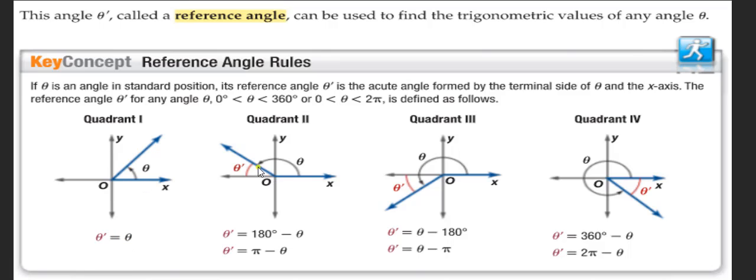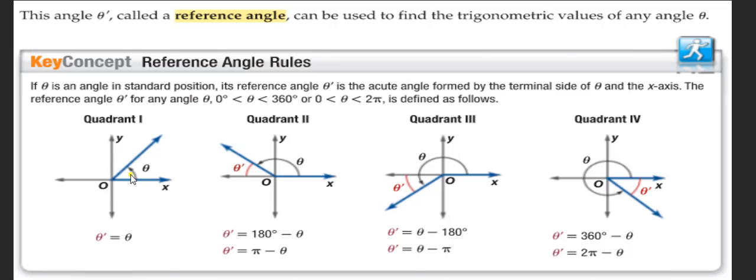If the terminal side lies in the second quadrant, this becomes theta. However, theta prime, the reference angle of this theta, is going to be this angle right here. Theta prime is formed by the terminal side of theta and the x-axis.